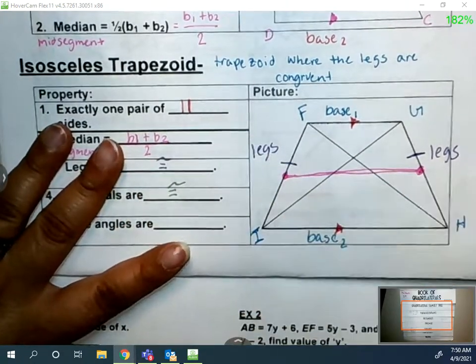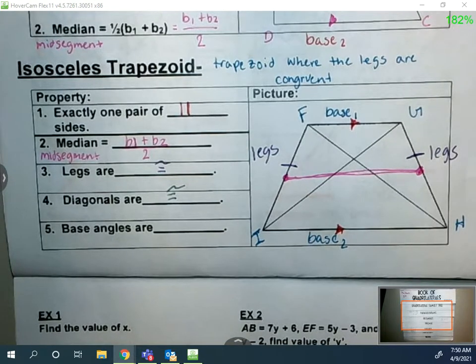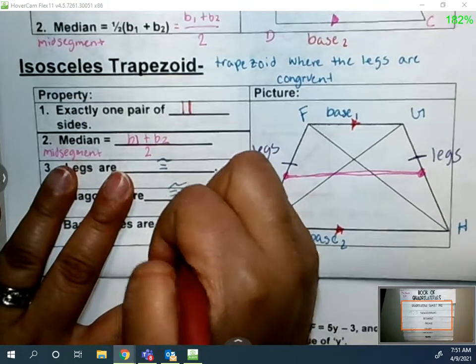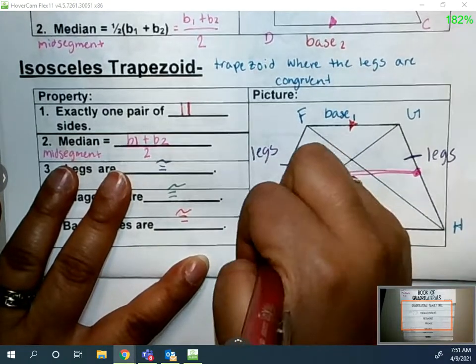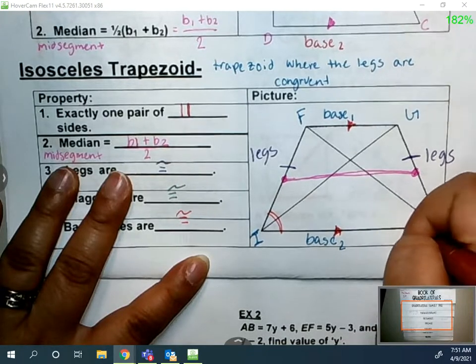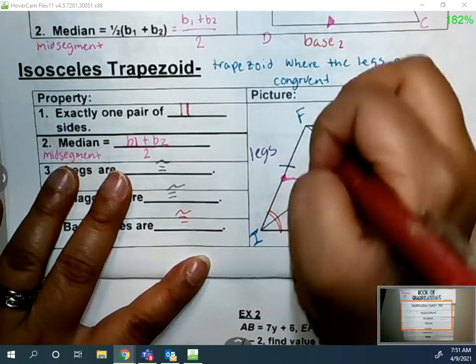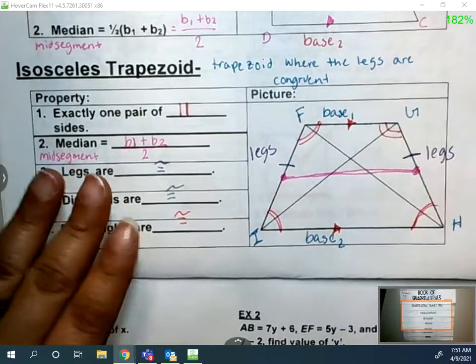And number 5, base angles will also be congruent. So that means angle I is going to be congruent to angle H, and then angle F is going to be congruent to angle G.